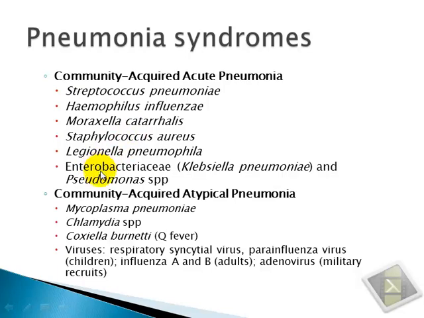Then we have the Enterobacteriaceae species. We have Klebsiella, and you have Pseudomonas species. Klebsiella pneumonia is commonly seen in those patients who are alcoholics, who are debilitated, who are malnourished. So if these words come, we have to think of Klebsiella. Pseudomonas is the one which is commonly seen in patients suffering from cystic fibrosis, which is a genetic disorder, again affecting the lung as well.